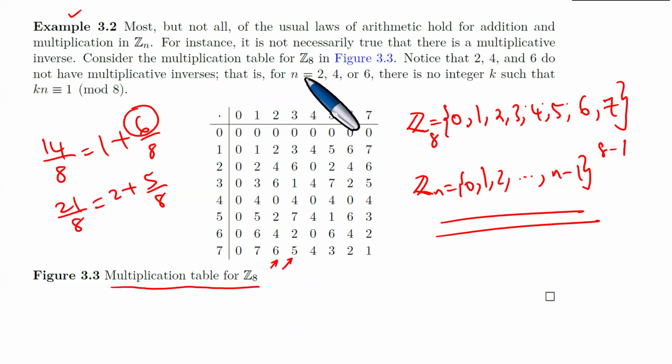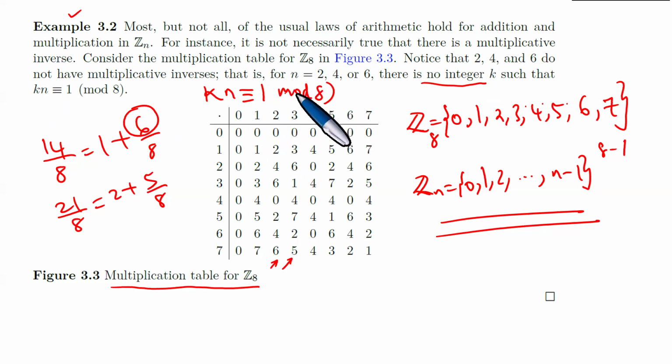That is, for n equals 2, 4, or 6, there is no integer k such that you can take the integer k and multiply it by n and get 1. So in other words, the inverse of n is that integer k which, when multiplied by n, would yield 1 modulo 8.